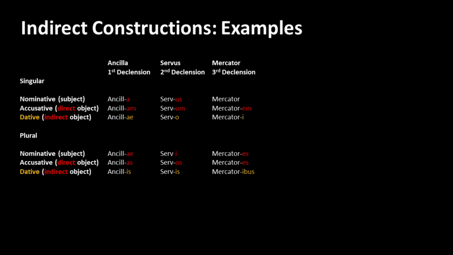Here are some further examples of these indirect constructions. There are other kinds that don't take the dative, but here are some that do. Dicere puellae libet. The closest I can get to a literal meaning for this is, it is desirous for the girl to speak, and that is a terrible mouthful.